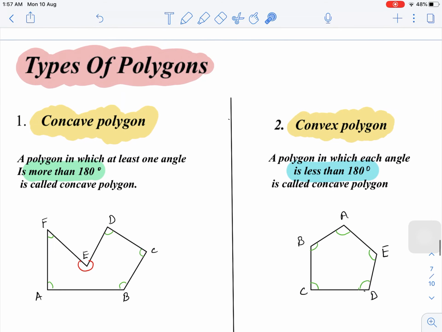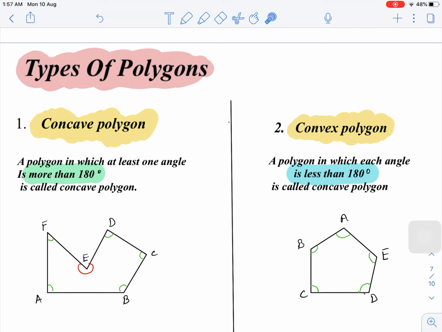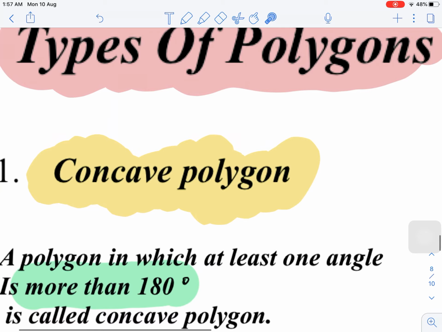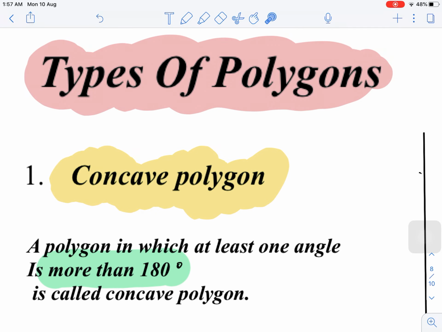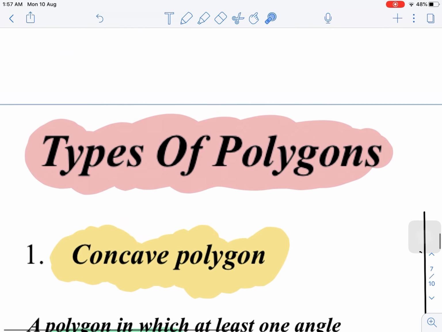Now our next topic, that is types of polygons. There are two types of polygons. First one is the concave polygon. Now what is a concave polygon? Before that, a polygon means a closed figure which is made up of line segments.